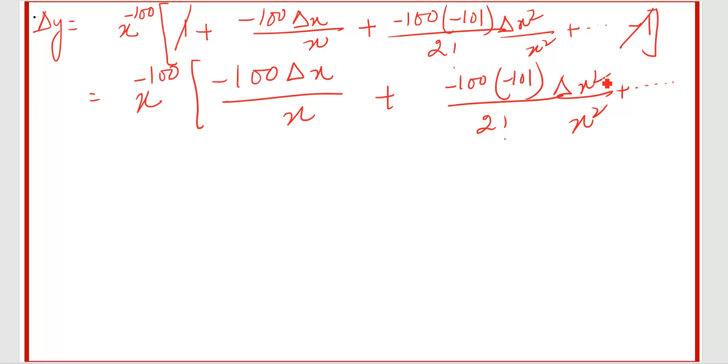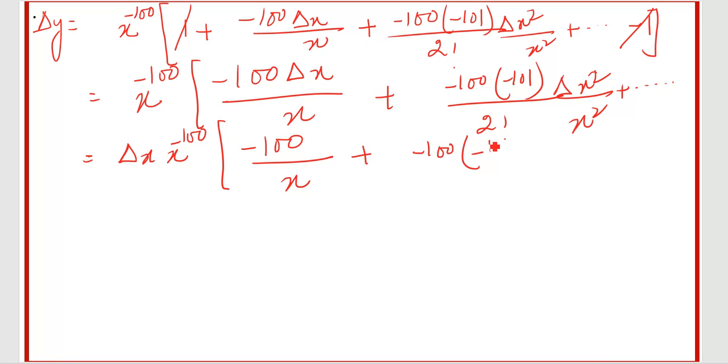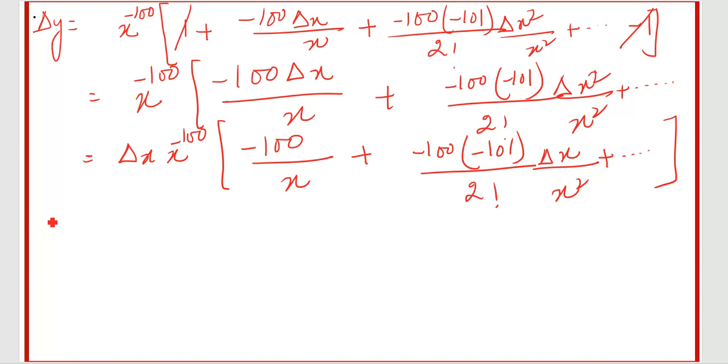So here we have delta x, here we have delta x. So delta x we will take as common. Delta x over x raised to power minus 100. Here we have 100 over x plus minus 100 minus 101 divided by 2 factorial. 1 delta x we have taken as common, so only 1 delta x is here, and so on. Now our step number 3 will start.